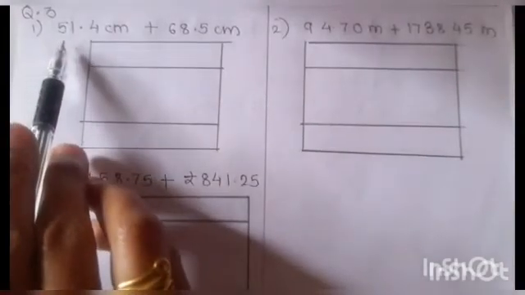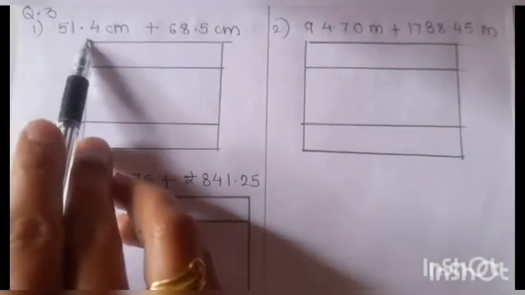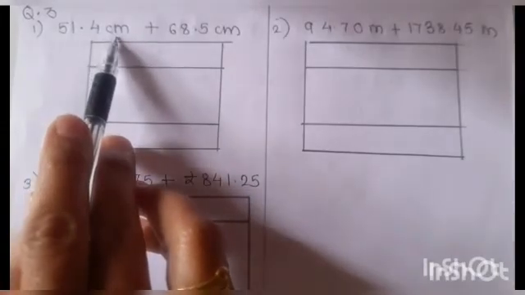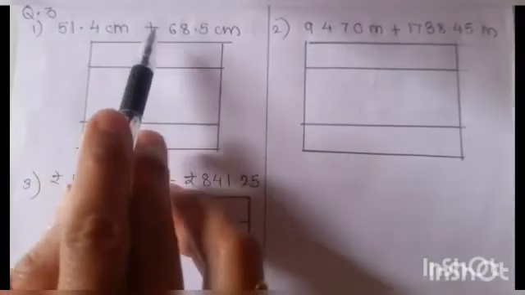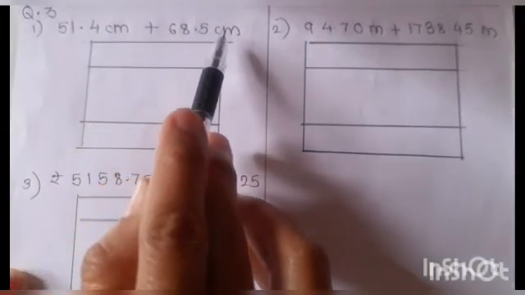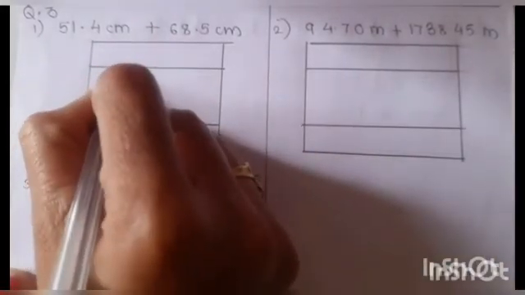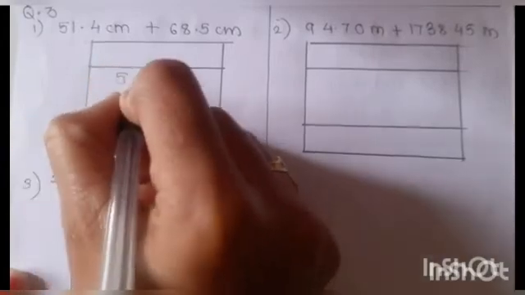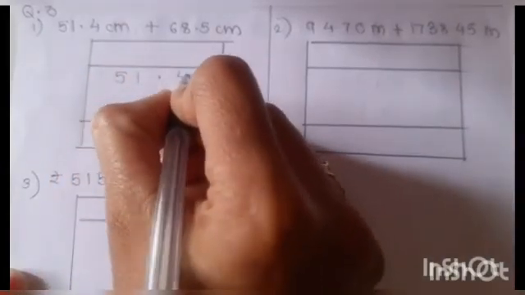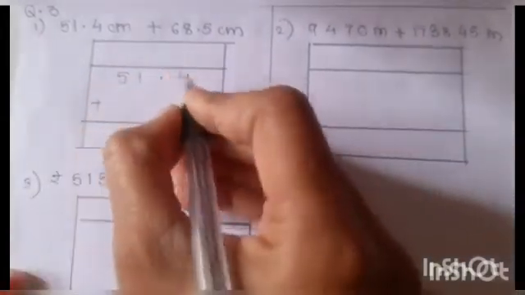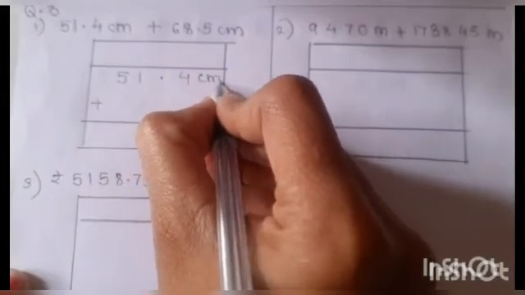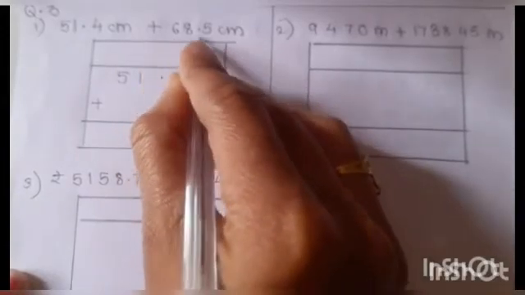Now moving on, third question. 51.4 centimeter plus 68.5 centimeter. Now here they have given centimeter. Remember, you should write the symbol centimeter.